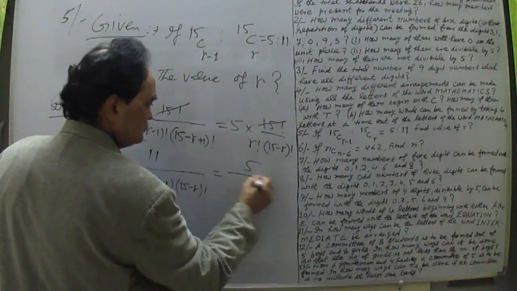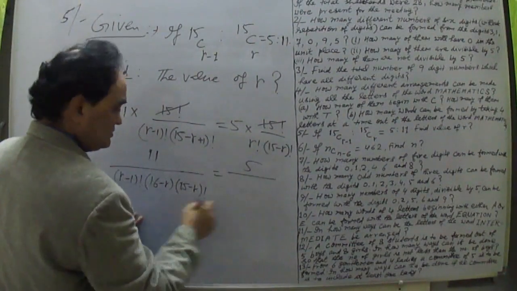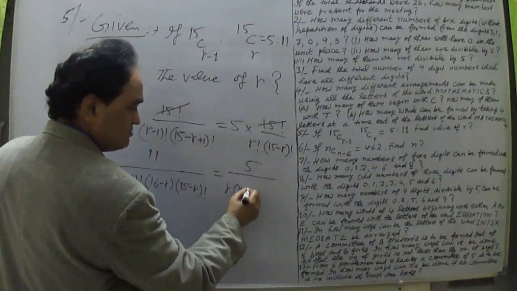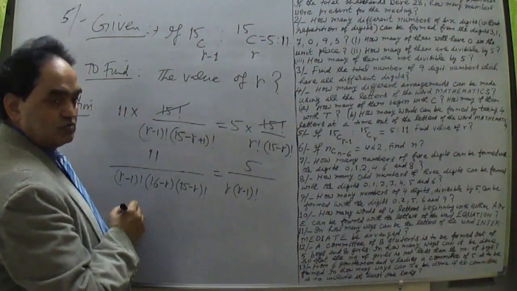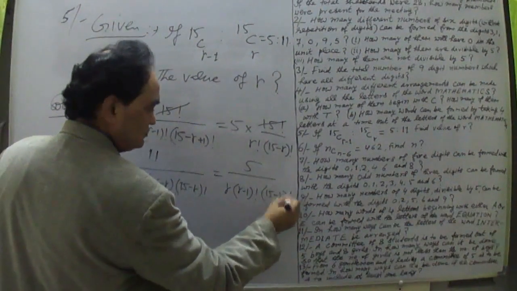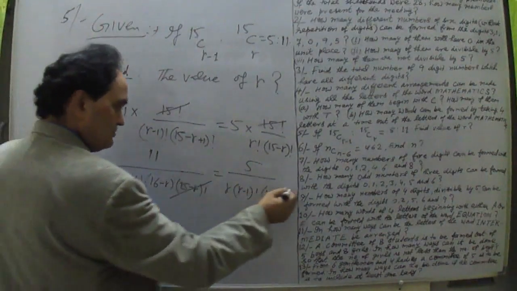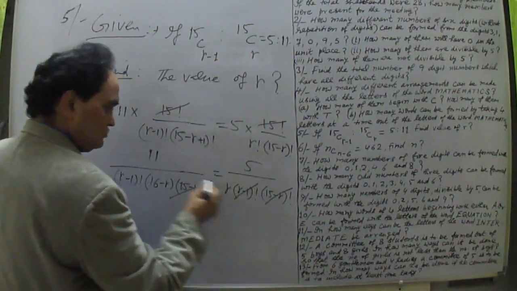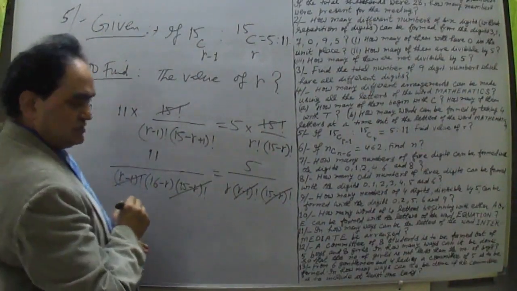It is equal to 5 upon, now R can be written as R into R minus 1 factorial. Try to understand. And this is 15 minus R factorial. So 15 minus R factorial cancels out, R minus 1 factorial cancels out.